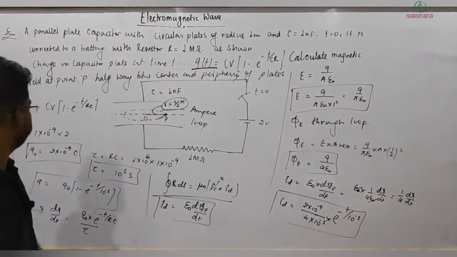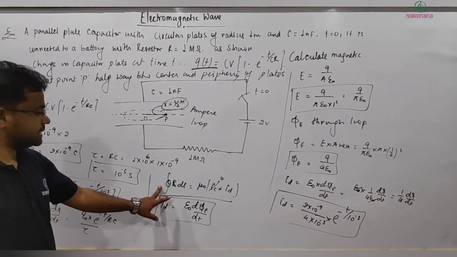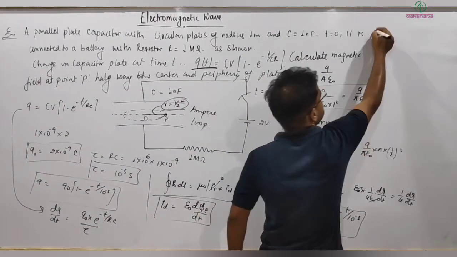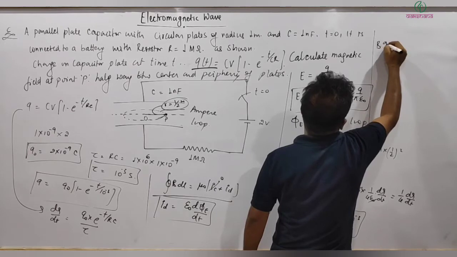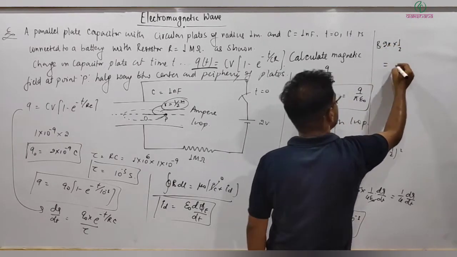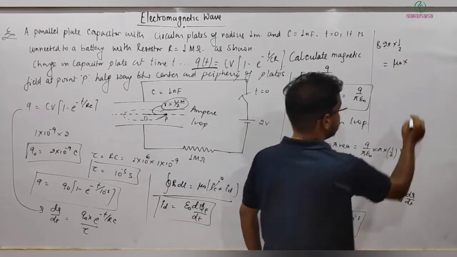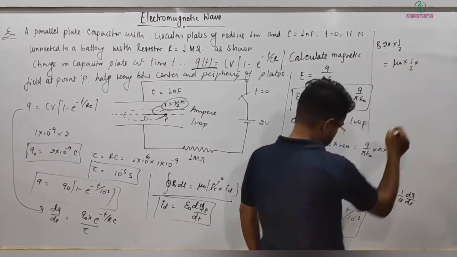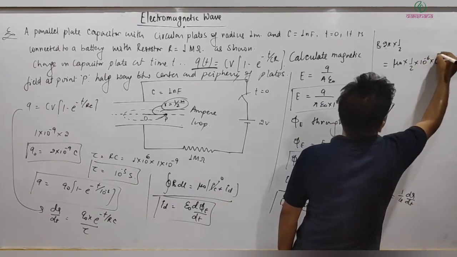Next I need to erase some part. Okay, now we need to substitute things here. So then I will get B dot dl is 2 pi into r, which is 1 by 2, and this is equal to mu naught into id. id is this, so this is basically 1 by 2 into 10 raised to power minus 6 multiplied by e raised to power t.